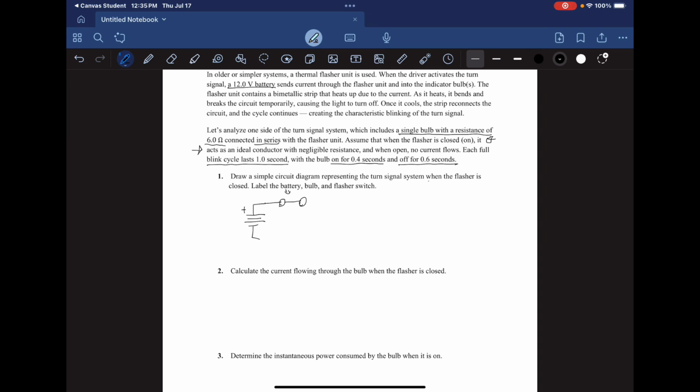Remember, it says to label it when the flasher is closed. And then the battery, bulb, and switch. So even if you had the bulb before the switch, that's totally fine too. It would still be a working system. I'm going to choose though to put our bulb over here.